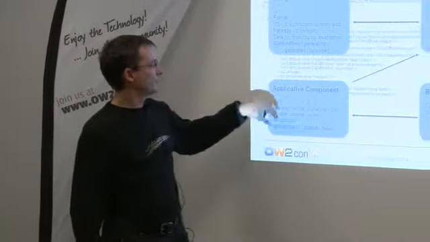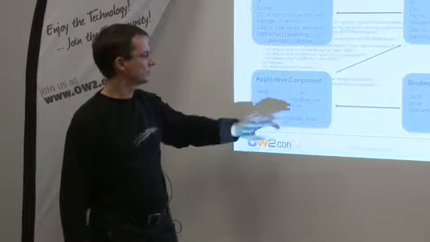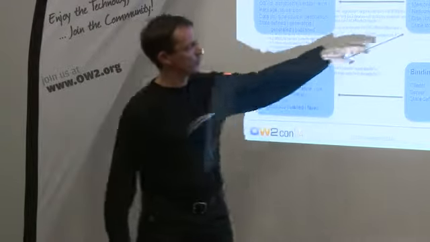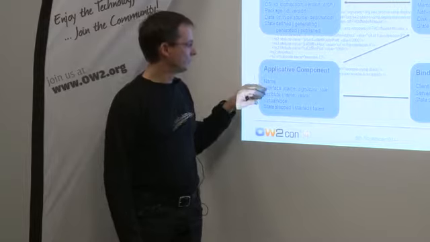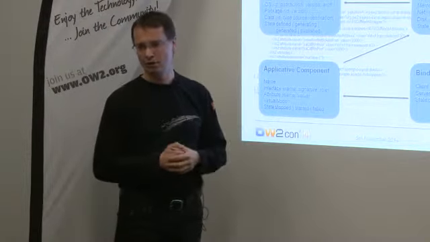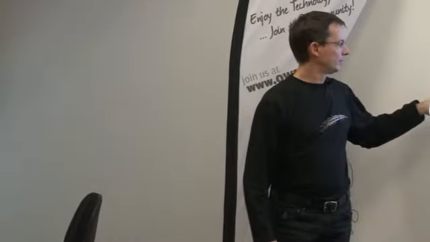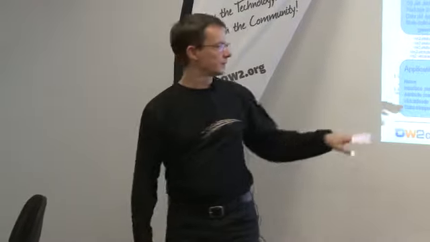Then you have the applicative component. We'll see what an applicative component is in more detail afterwards. The applicative component will run on a virtual machine. It will have a number of interfaces, either server interfaces or client interfaces, in order to represent the client-server dependencies. It may also have a number of attributes for its configuration.